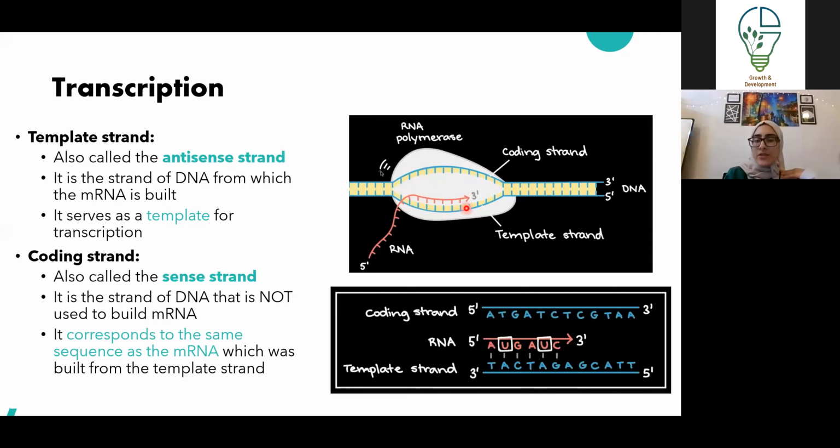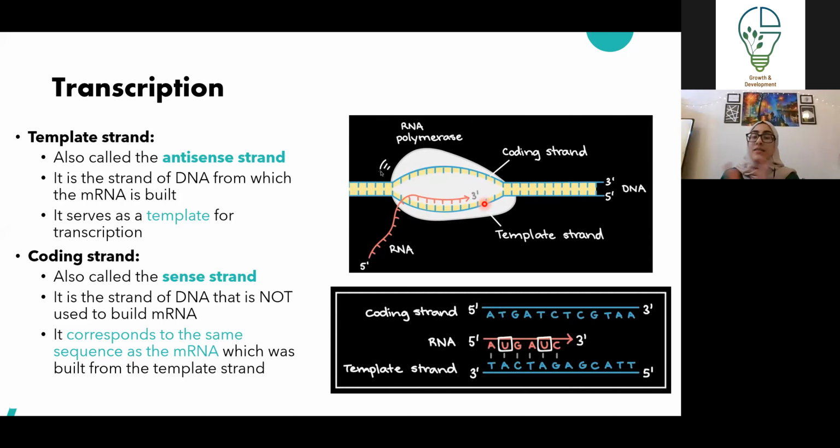So here's your template strand, right? And the top one is your coding strand. Your template strand is the template which forms the mRNA. So the mRNA that is produced is complementary to your template strand. Each of the nucleotides on the template strand has a complementary nucleotide on the new RNA that is being produced, right?